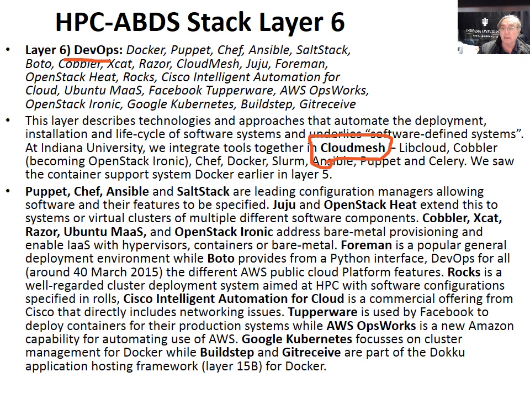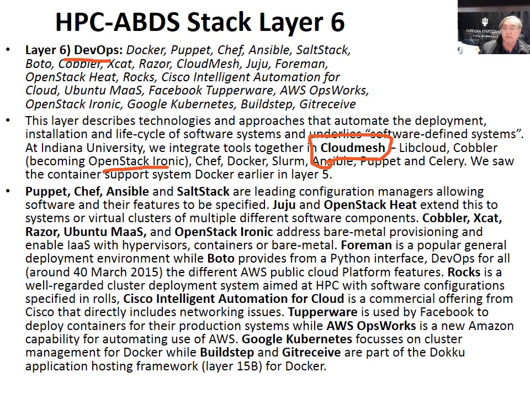That involves other subsystems: libcloud, which is in the interoperability section, Cobbler, which we're replacing by OpenStack Ironic for bare metal, Chef, Docker, Slurm, Ansible, Puppet, and Celery. Puppet, Chef, Ansible, and SaltStack are all similar systems.